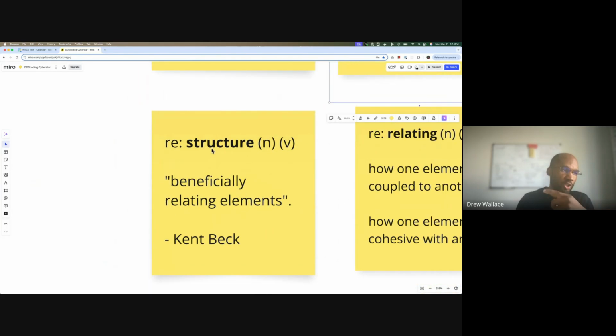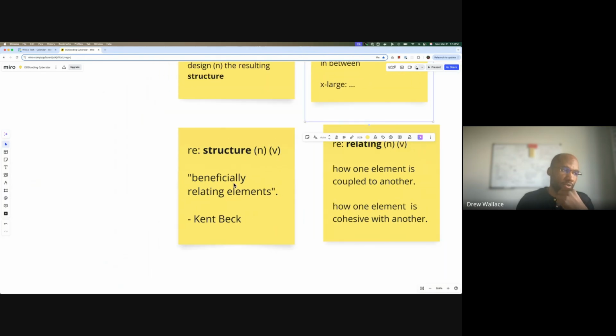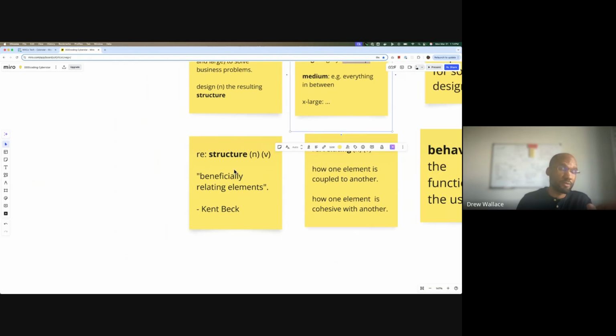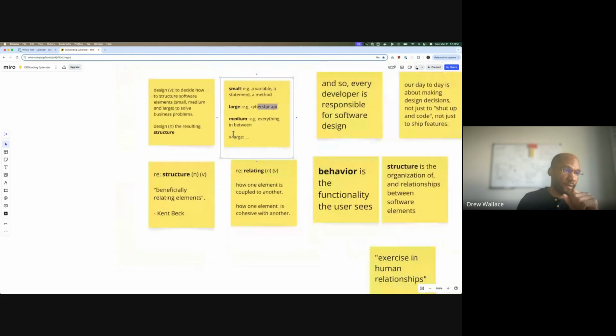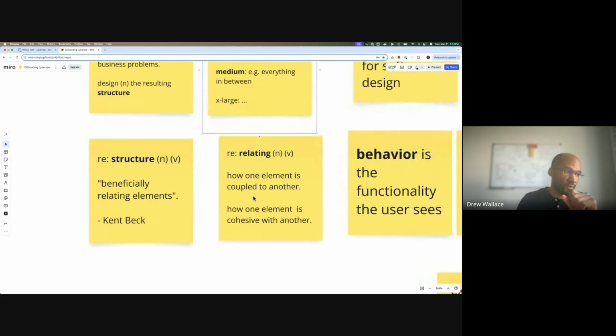You'll hear the word structure a lot. Structure, and this is by Kent Beck, is beneficially relating elements. You'll notice this is a noun and a verb, an action and a statement. Relating is about how one element is coupled to another, or how one element is cohesive with another.